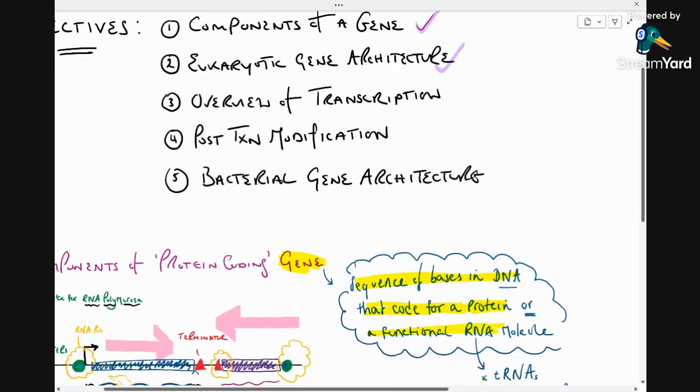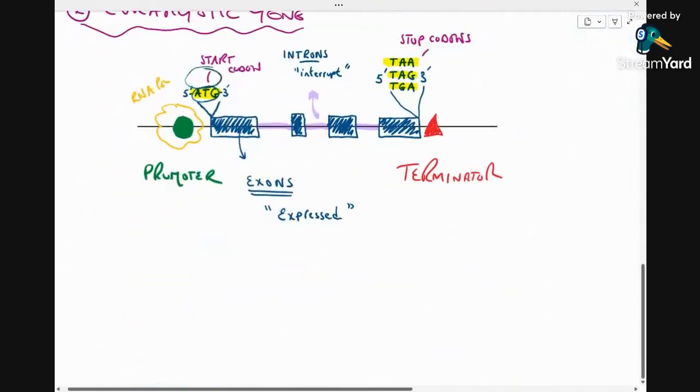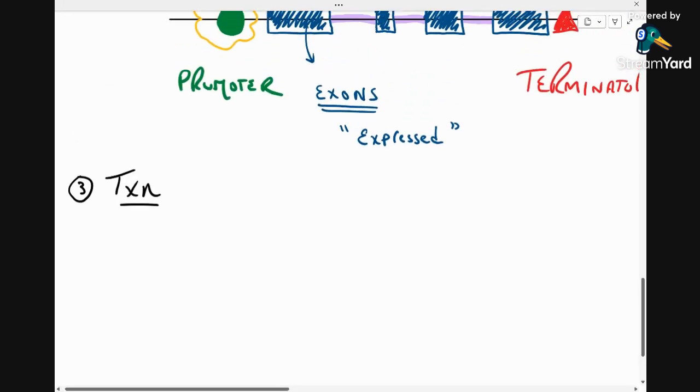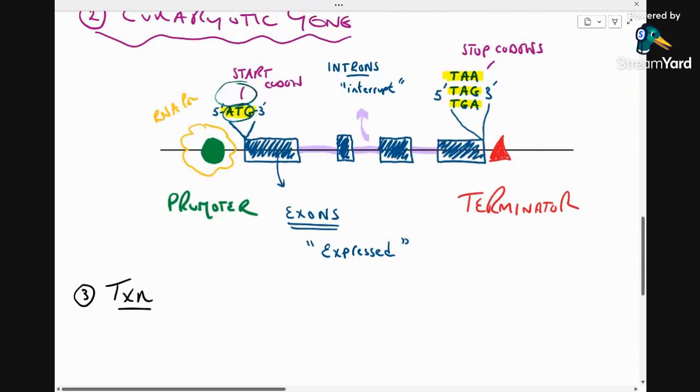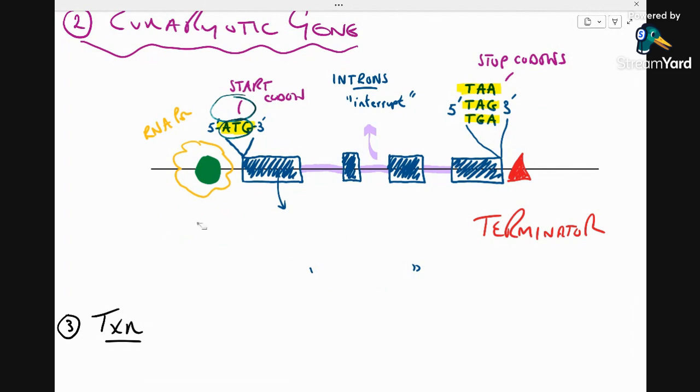So we're going to cover now briefly an overview of transcription. So here we go, point number 3, which is transcription. So very quickly, what is going to happen, and I can probably use this diagram here, if I get rid of some of the stuff beneath, is as follows.